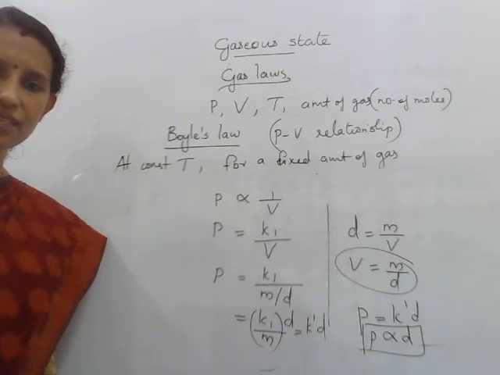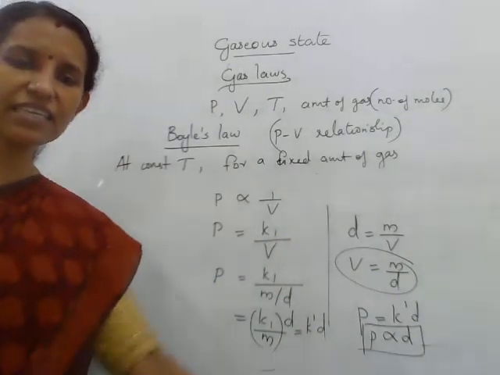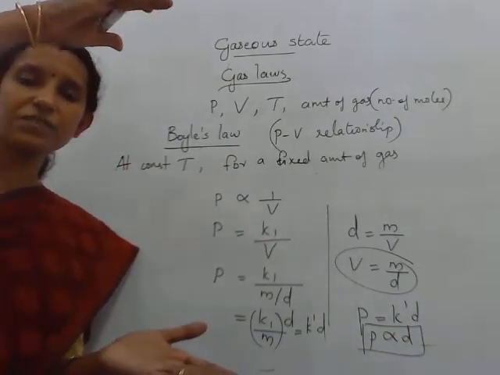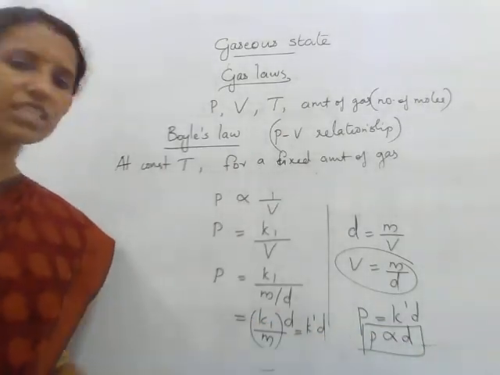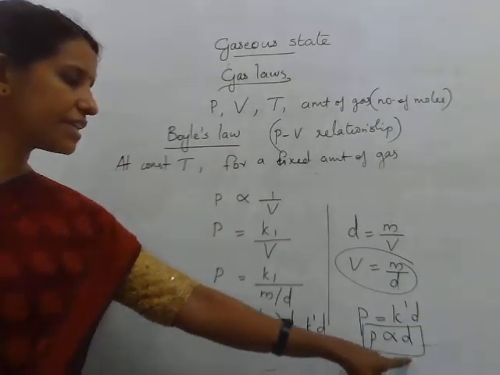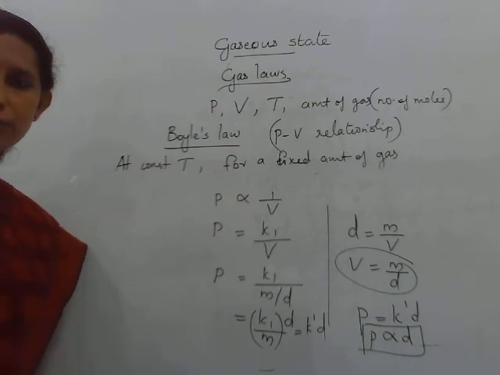Density of the gas increases. When pressure decreases, density of the gas decreases. Means at high pressure, gases become denser. Particles of the gas come closer and their density increases with the pressure. So this is the relationship between pressure and density that can be proved on the basis of Boyle's law. Thank you.